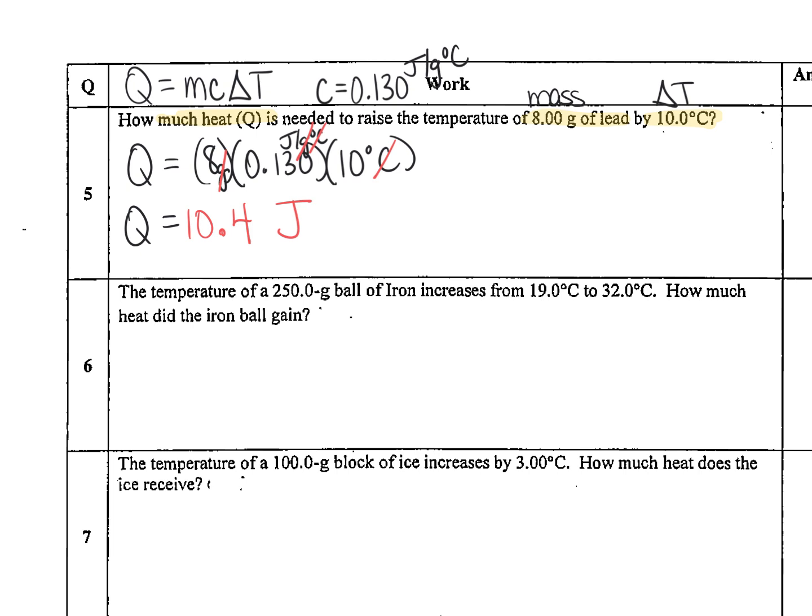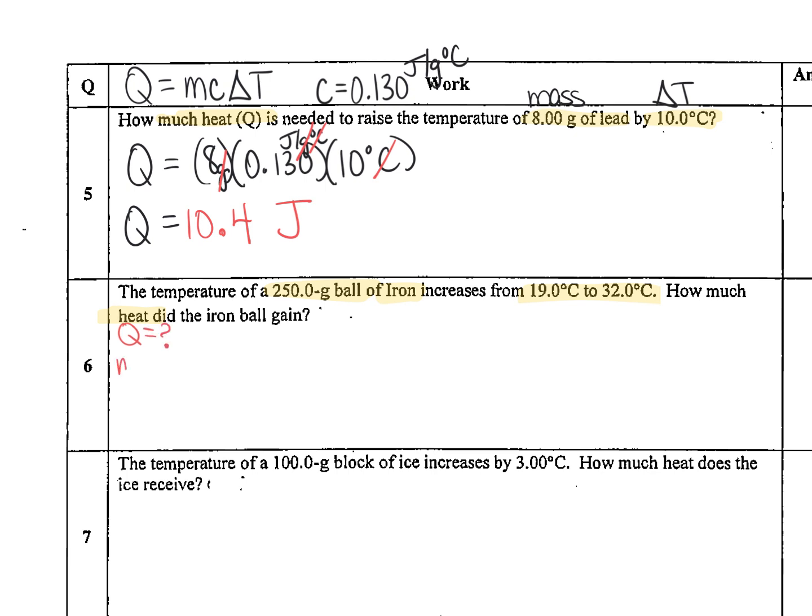For the next problem, it says the temperature of a 250 gram ball of iron increases from 19 degrees to 32 degrees Celsius. How much heat did the iron ball gain? So I'm going to pick out a couple of things here. I'm going to pick out that I need to solve for my Q. That's my unknown.